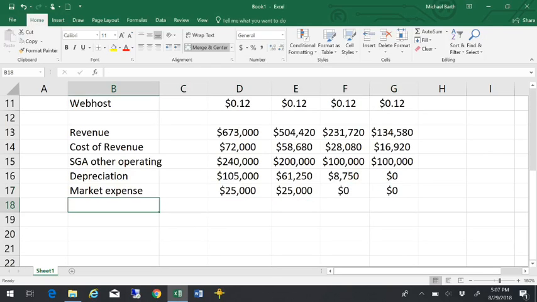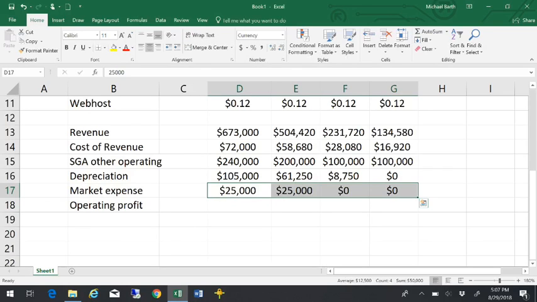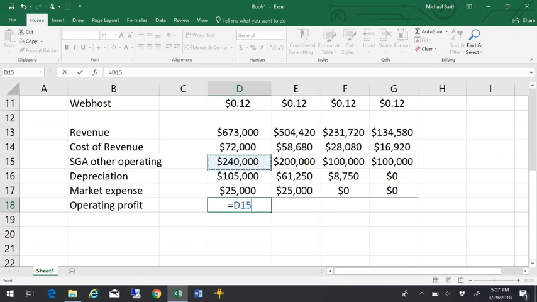Alright, so my operating profit, I have revenue minus all these expenses. That would be the revenue minus the sum of all the expenses for each year.